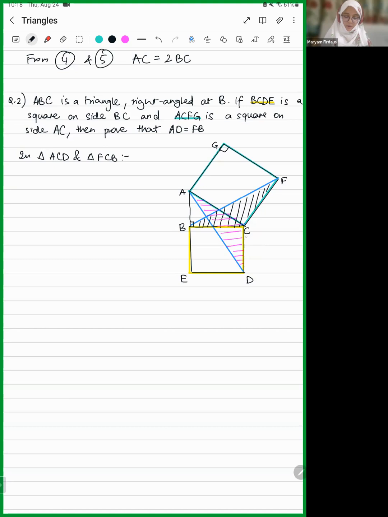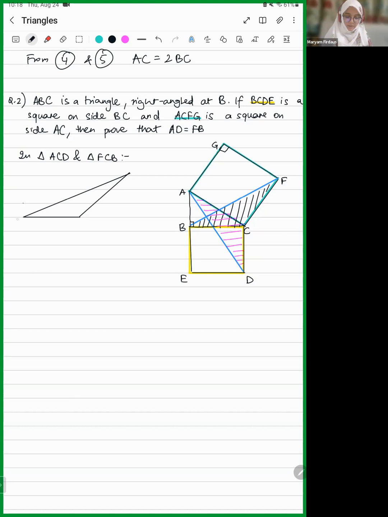See, okay, let me separate these two triangles. This is B, C, this is F, and the other triangle is A, C, D. Ma'am, angle C. Very good. Not exactly angle C, we will come to that.